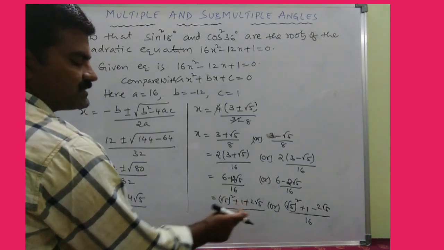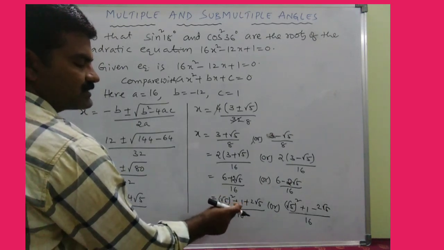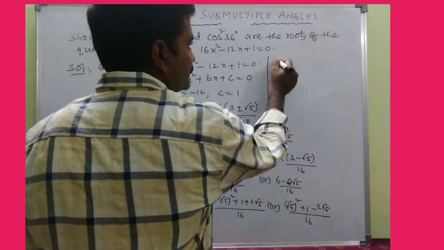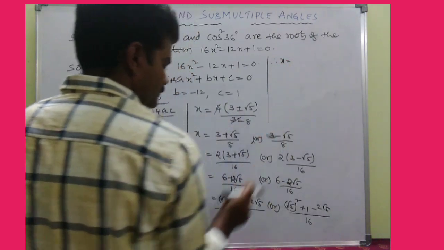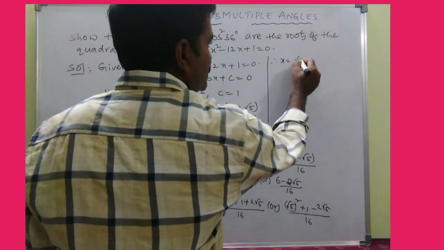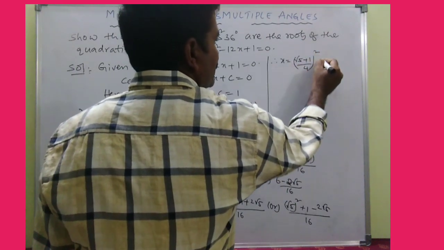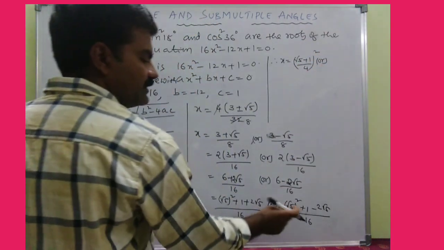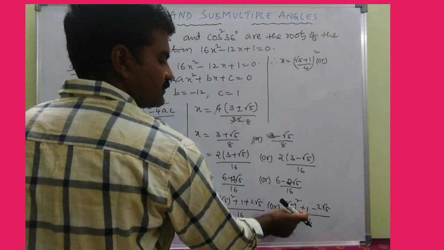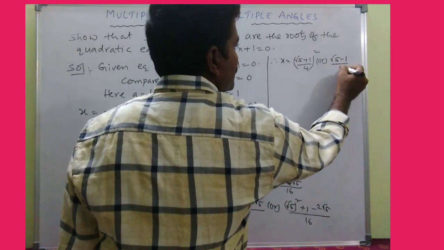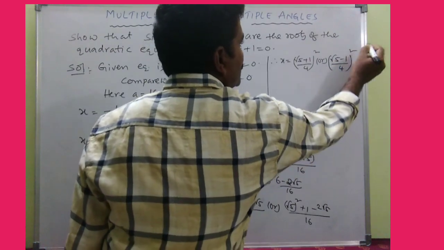Now you see this is just like a square plus b square plus 2ab. Hence x is equal to, first one is root 5 plus 1 by 4 entirely whole square, and second one, a square plus b square minus 2ab, I mean root 5 minus 1 by 4 whole square.